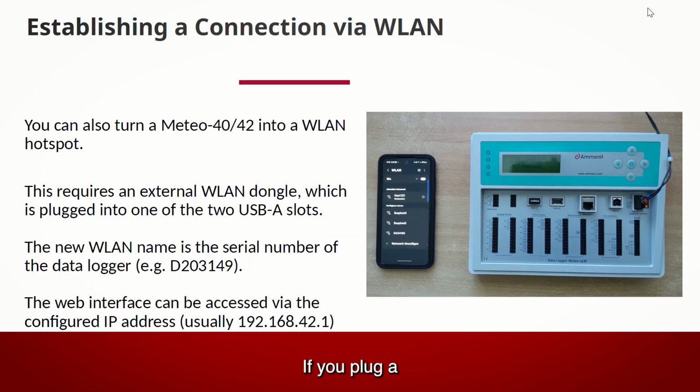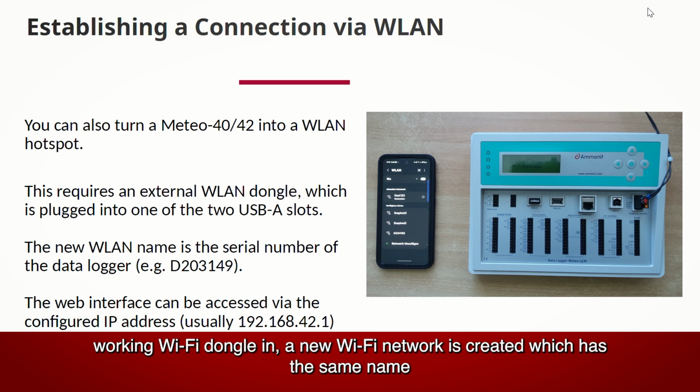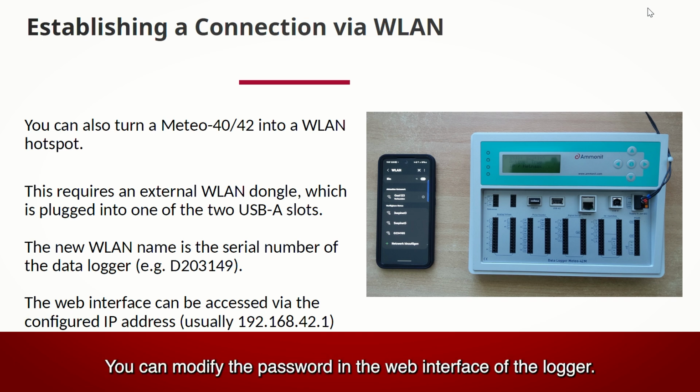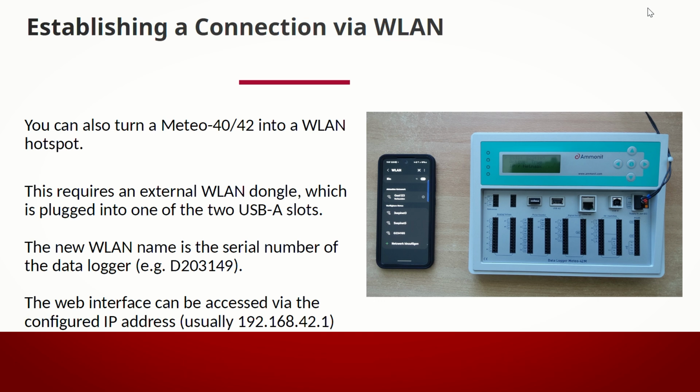If you plug a working Wi-Fi dongle in, a new Wi-Fi network is created which has the same name as the logger. To connect, you need a password which can be found in the data logger's factory report. You can modify the password in the web interface of the logger.